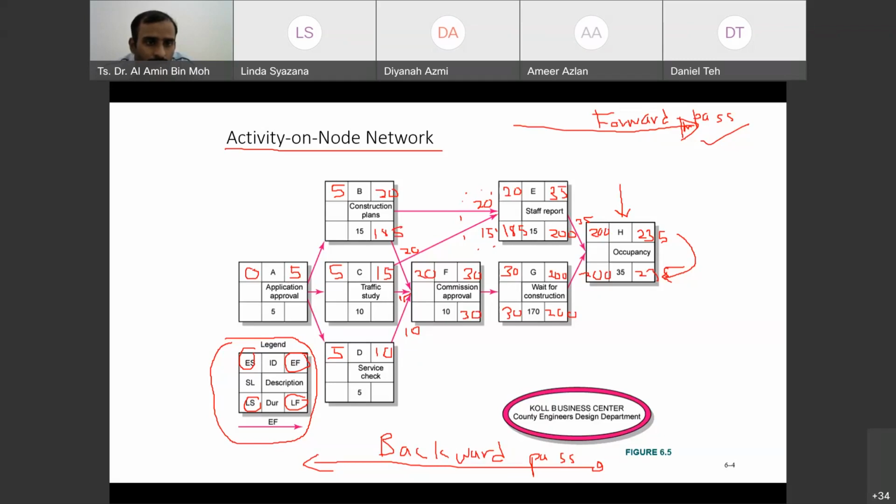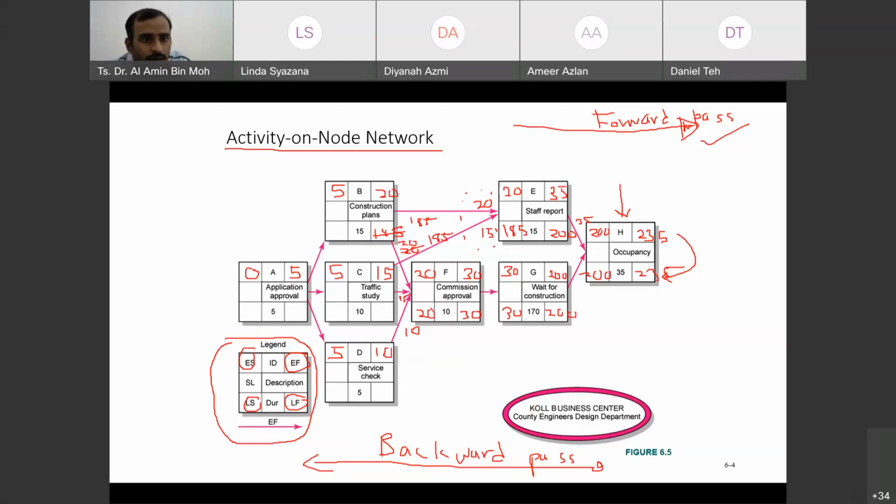And how about this one? Can we just write 185? Here is 185. Okay, we have another arrow here. So 185, we need to wait, because we have another arrow here. 30 minus 10 is 20. So now for this arrow, we have to choose 20 or 185.